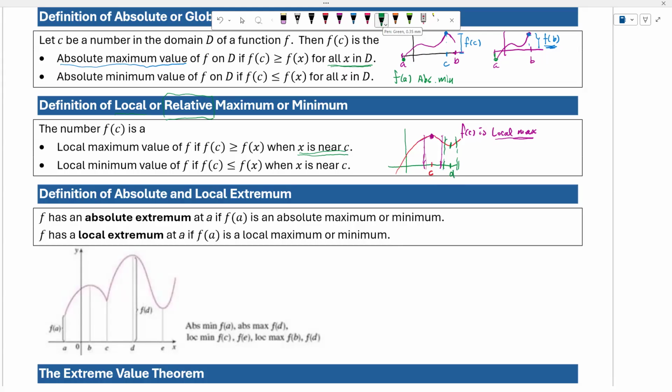So within this area right here, f of D is the smallest output value. So therefore, in this case, f of D is the local minimum, okay. So again, when we talk about the local maximum and minimum, we do not consider the endpoints, okay.